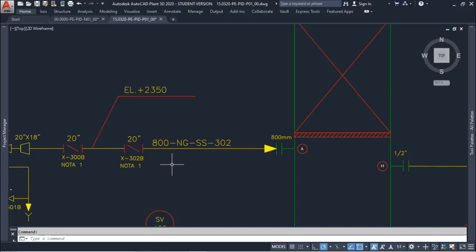Information that I don't have here in this line numbering is the schedule of the pipe, and that is very important because as the schedule increases, the thickness of your pipe also increases, and because of that the internal diameter of the pipe is smaller, and that means you have a higher pressure drop and a higher velocity also.